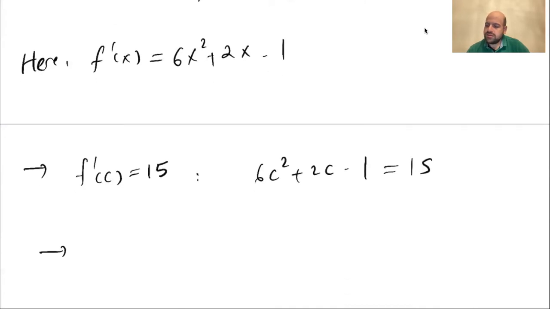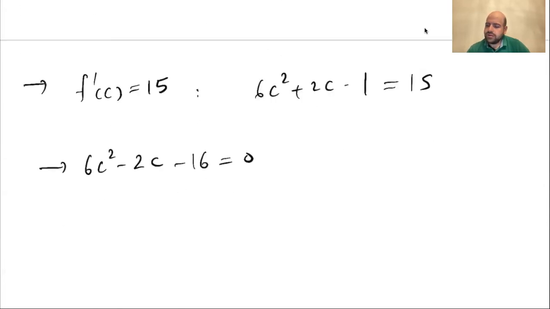And that means 6c squared plus 2c minus 16 equals 0. If I divide everything by 2, 3c squared plus c minus 8 equals 0.